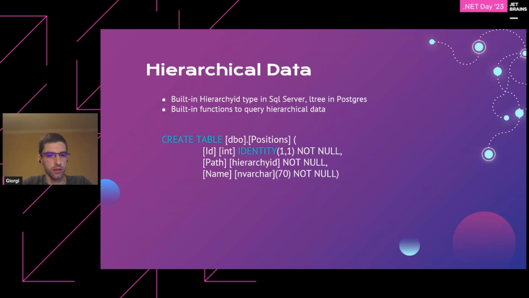So here is an example of how you use the hierarchy ID. You use it the same way as any other database type. Here we can see that we have the positions table, which has a path column of the type hierarchy ID.